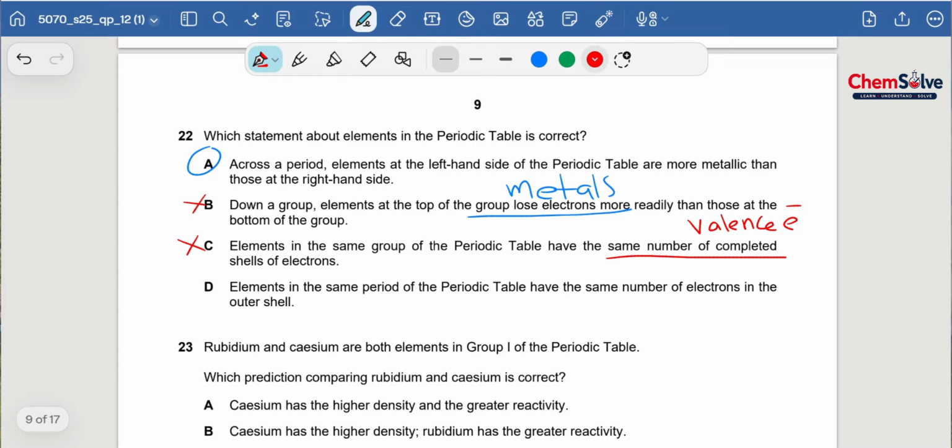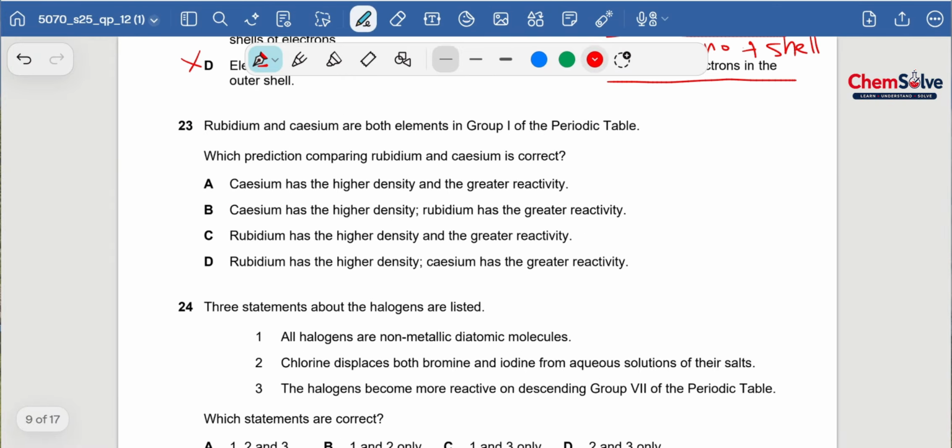Elements in the same period of the periodic table have the same number of electrons. No, they have the same number of shells. So this option is also incorrect. So option A is correct in this case.